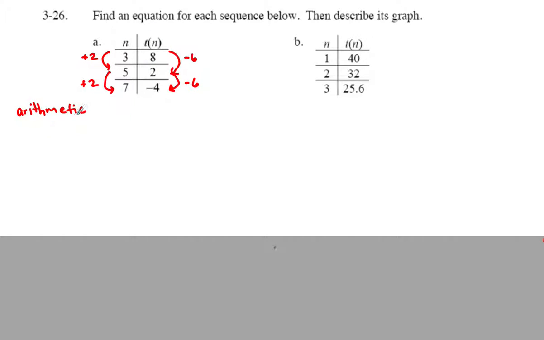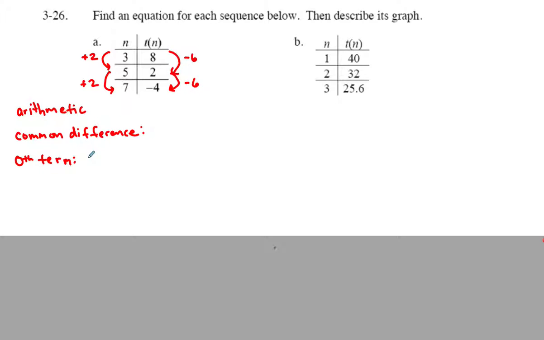So that's what we need to find here. We need to find the common difference, and we need to find our starting value, which some people refer to as the 0th term.